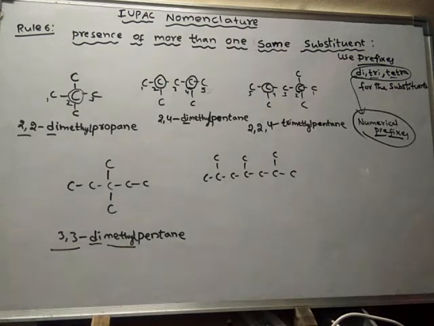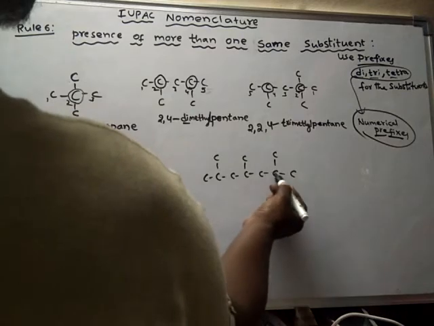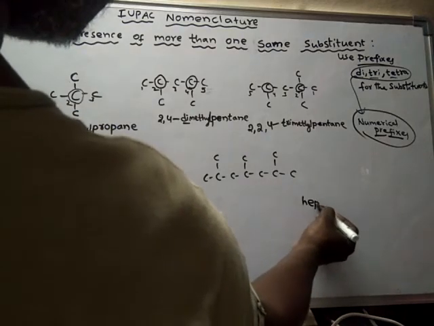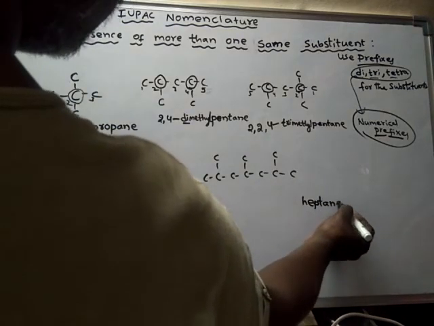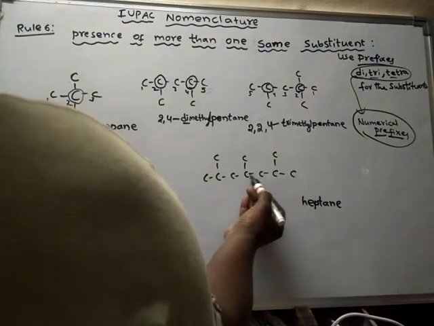Like this. So the name of this compound: 1, 2, 3, 4, 5, 6, 7, heptane, and 1, 2, 3, 4.